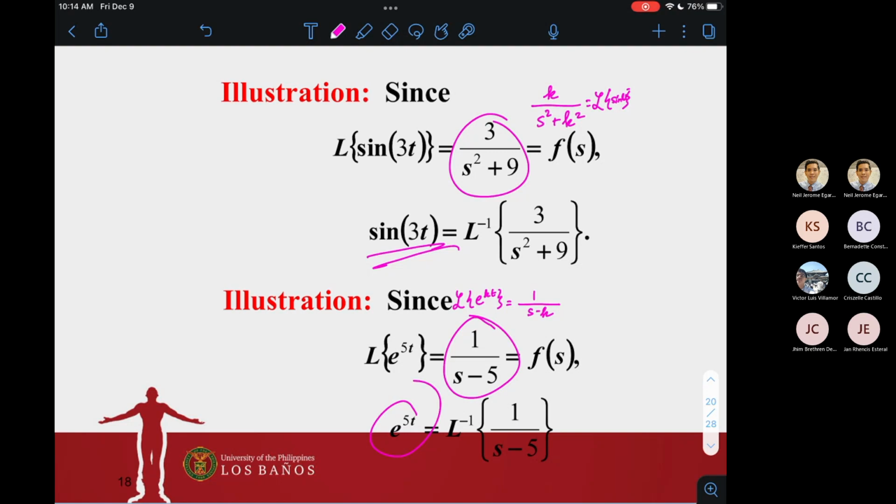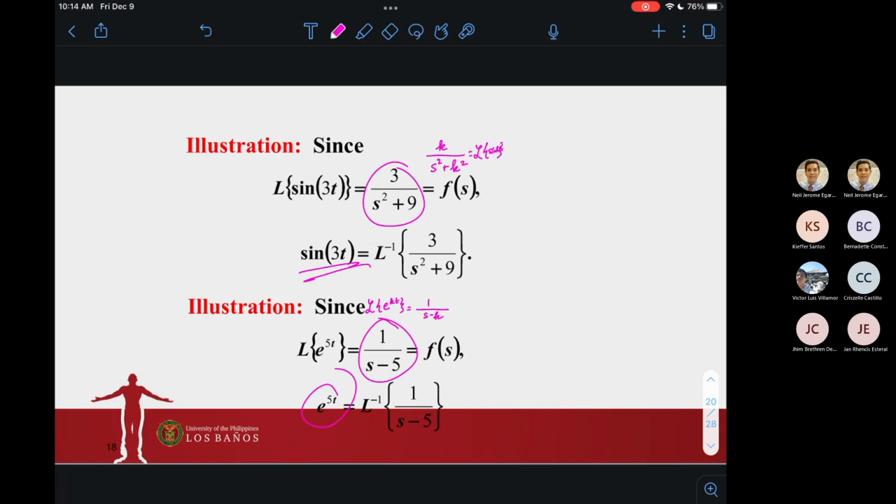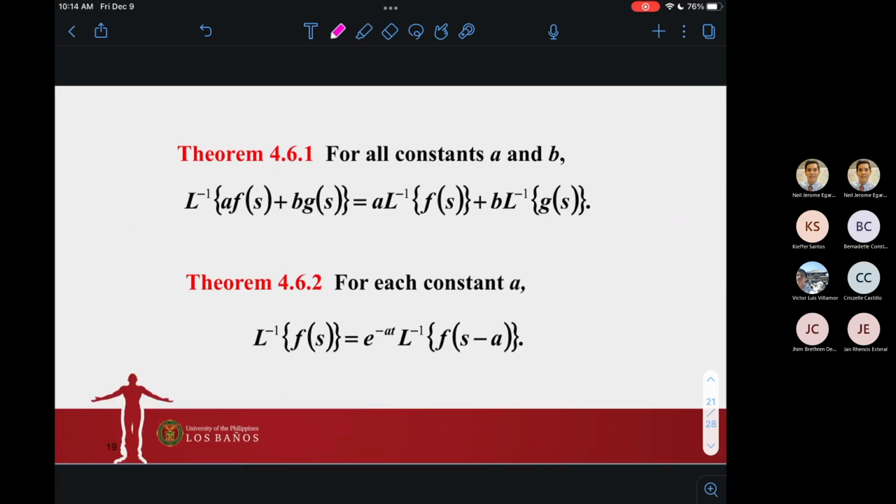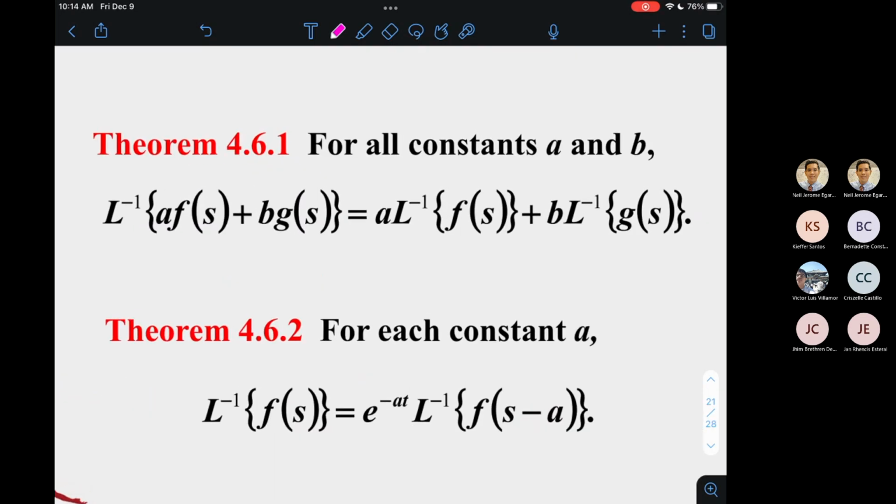Ano? So let's look at more complicated functions little f. Tapos hahanapan natin siya ng inverse Laplace transform. But to aid us in that endeavor, kailangan natin ng ilang mga theoretical results. First important theorem is theorem number 1, which tells us that the inverse Laplace transform is also linear.